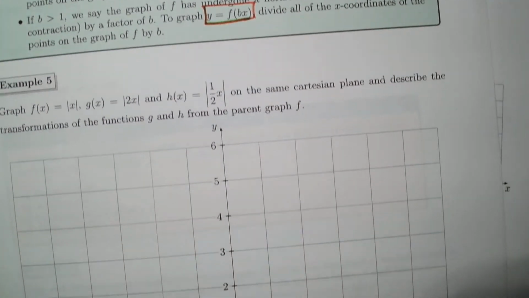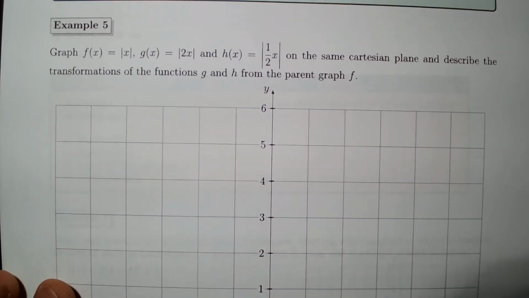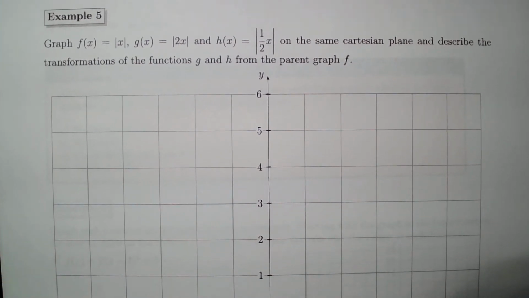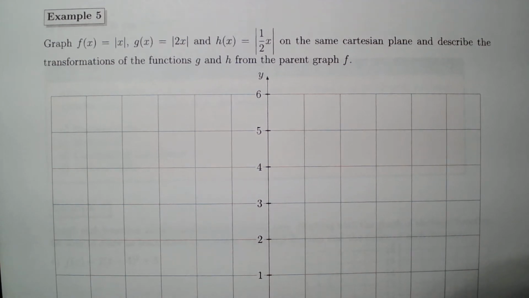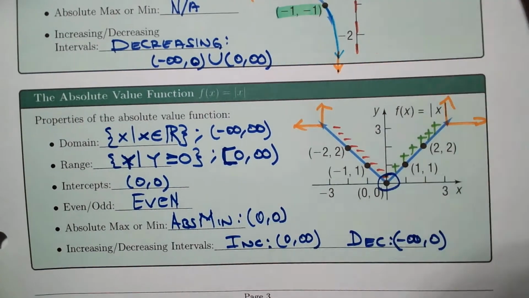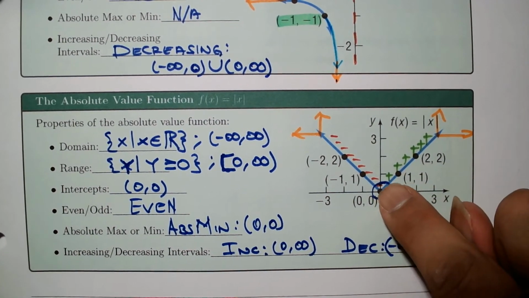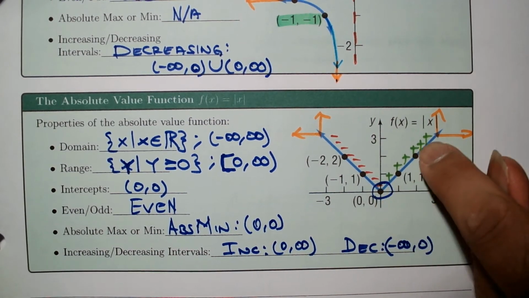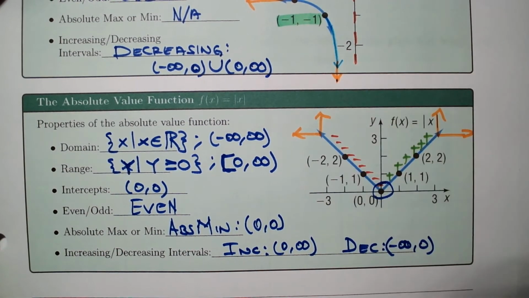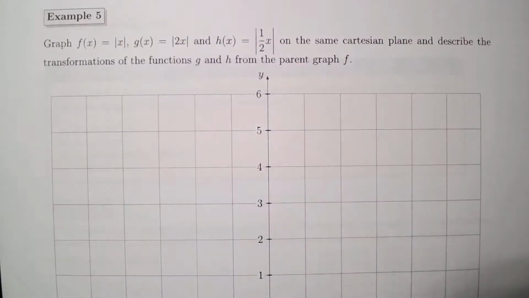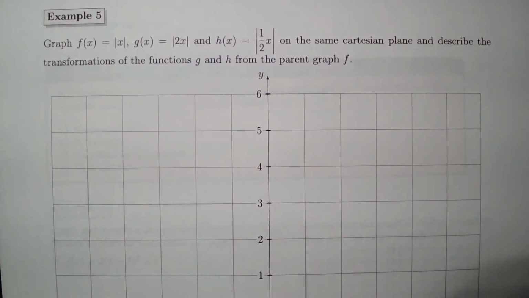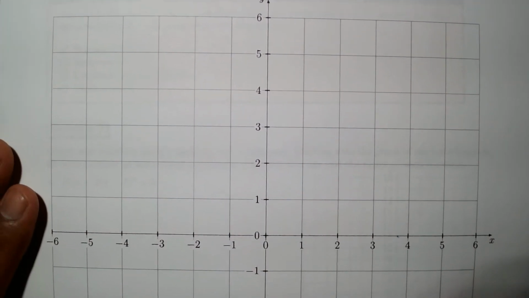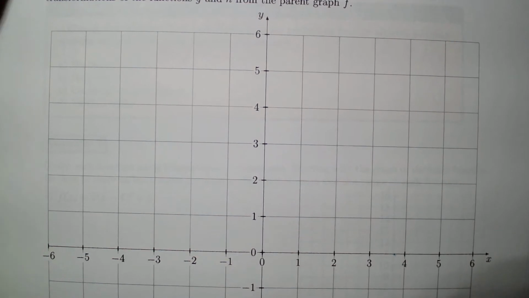I'm going to take the absolute value function, which is the one that looks like a v. It's the v-shaped function that we looked at last time. It's like having two linear functions, two identity functions, one in the positive direction, the other one in the negative direction. So let's go ahead and graph a few points on that graph.